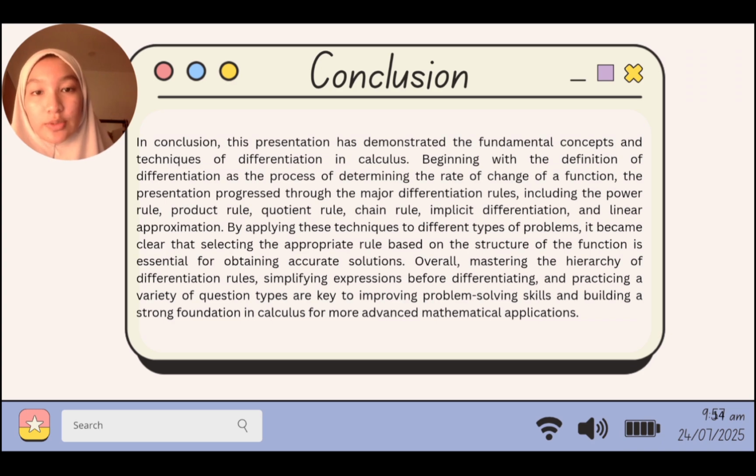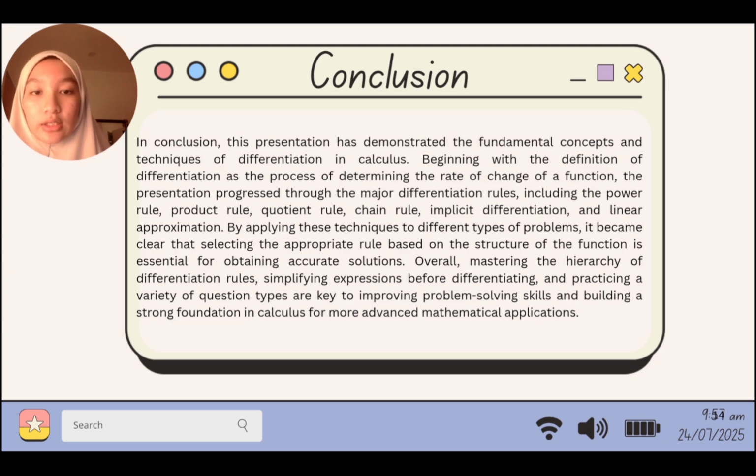In conclusion, this presentation has demonstrated the fundamental concepts and techniques of differentiation in calculus, beginning with the definition of differentiation as a process of determining the rate of change of a function. The presentation progressed through major differentiation rules, including the power rule, product rule, quotient rule, chain rule, implicit differentiation, and linear approximation.